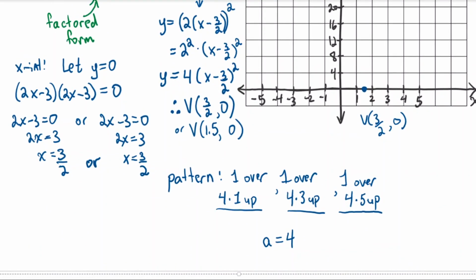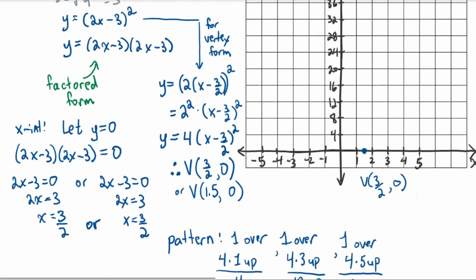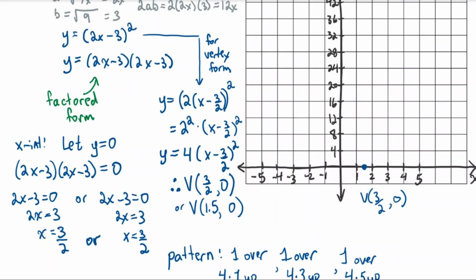Usually it's 1 over 1 up, 1 over 3 up, 1 over 5 up, but now we just multiply that by 4. So we have 1 over 4 up, 1 over 12 up, and 1 over 20 up. So that's a pattern I'm going to use. 4, 12, and 20. I decided to count by 4s in the graph so that fit nicely.